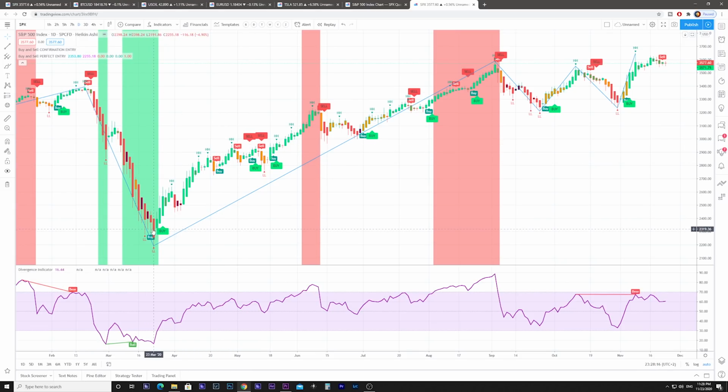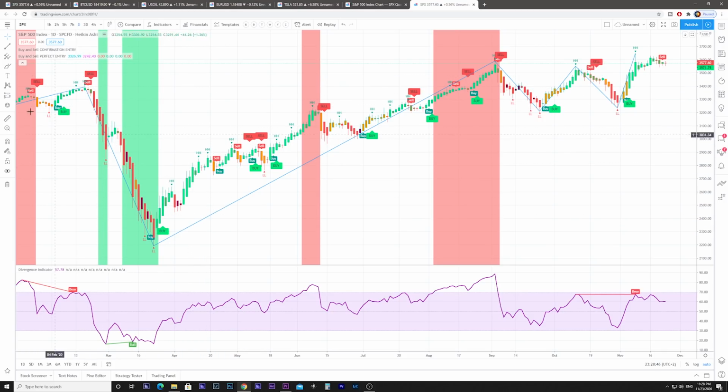If you bought with the Perfect Entry using the divergence as information, then you could have exited here, and the upside potential was almost 25%.